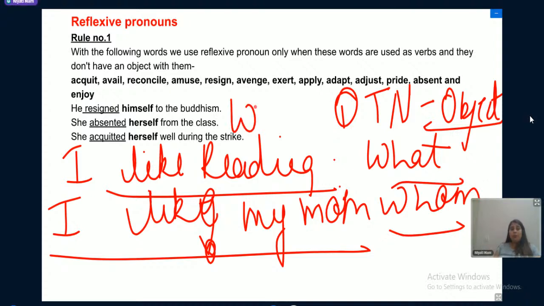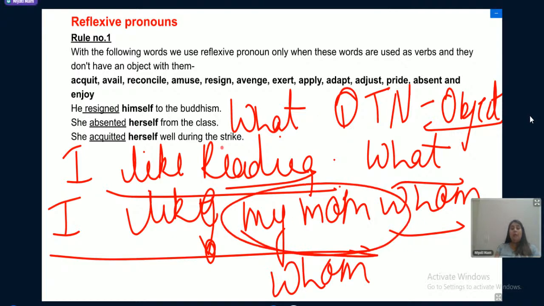I like what? I like reading. I like whom? I like my mom. There are two things you need to remember about transitive verbs. One, they always need an object. Second, the object either gives the answer of what or whom. Got my point?